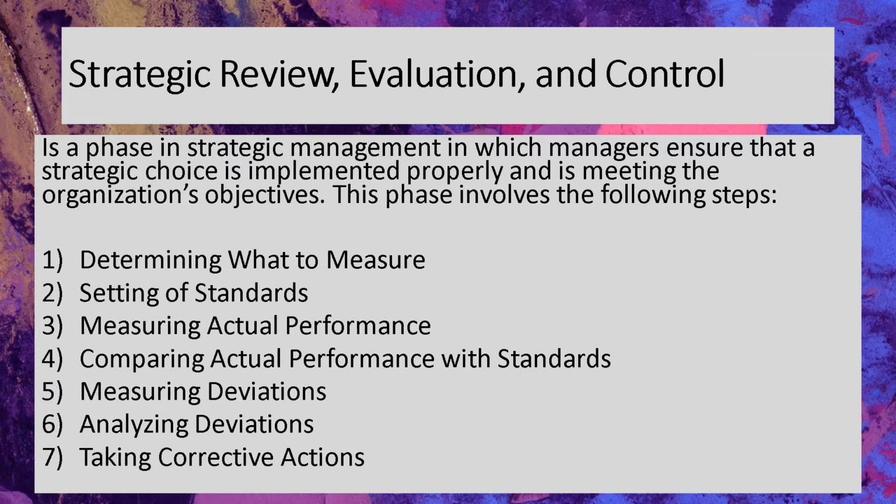Strategic review, evaluation, and control is a phase in strategic management in which managers ensure that a strategic choice is implemented properly and is meeting the organization's objectives. This phase involves the following steps. First is determining what to measure. Top-level and operational managers need to identify the implementation processes and results that will be monitored and evaluated.